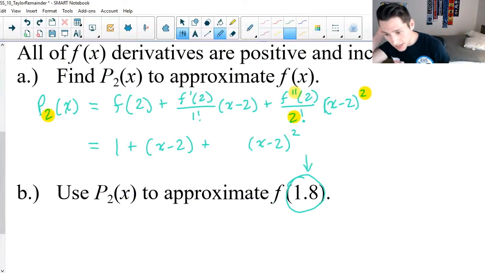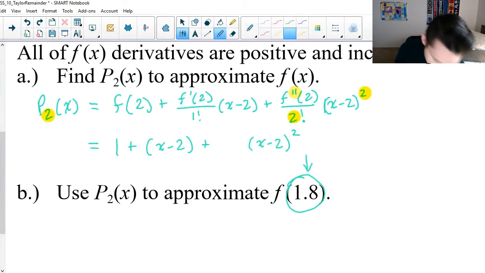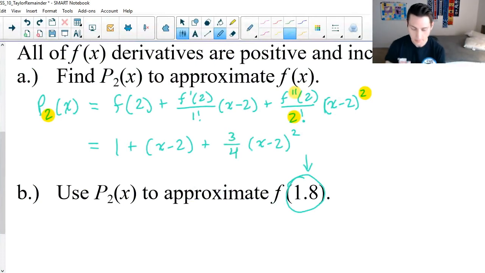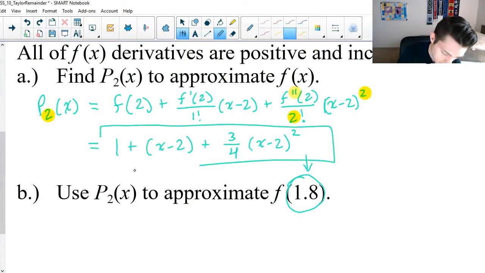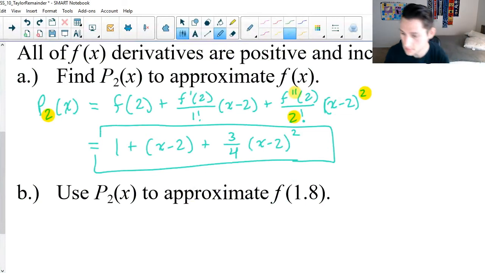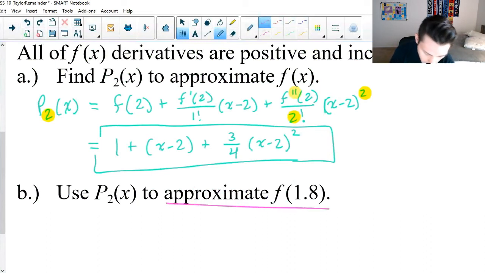Okay, 1.5 is 3 halves. So 3 halves divided by 2 is 3/4. Okay, so here's the second degree Taylor polynomial. Now, let's actually use this to approximate f of 1.8.